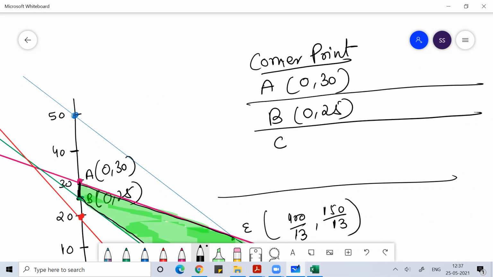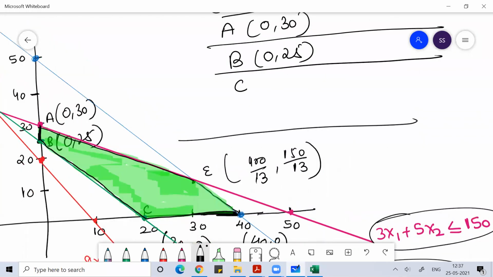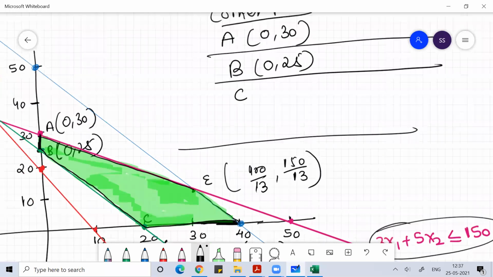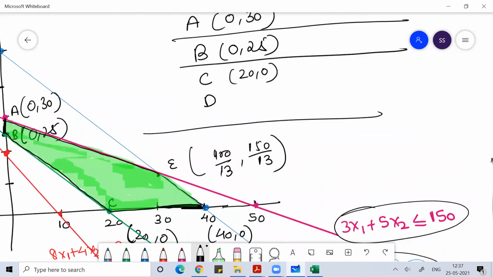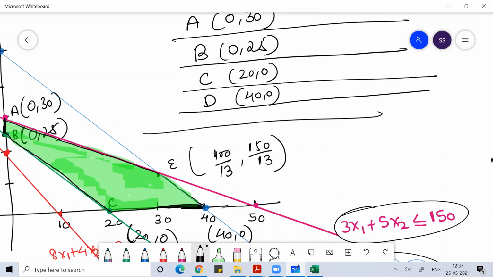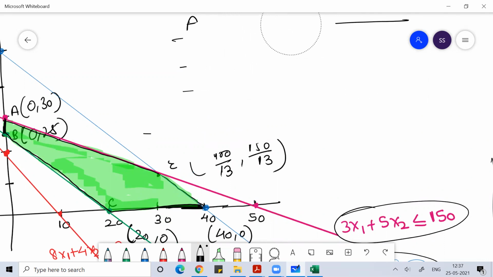Point C is 20, 0. Point D is 40, 0. And point E, you can simply put the coordinate values. These are all called corner points.